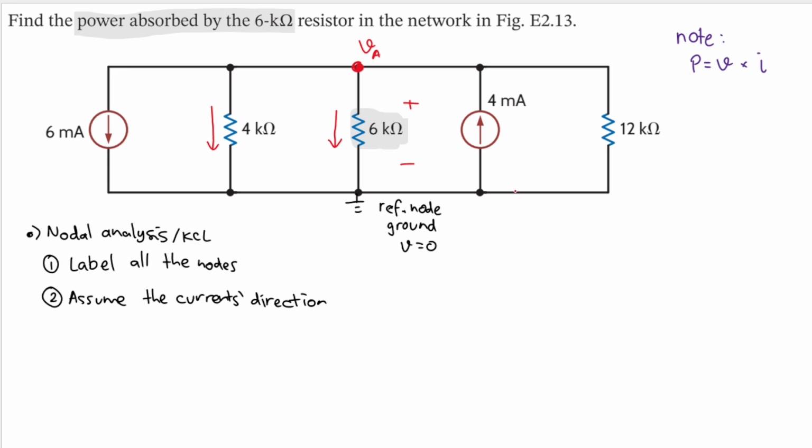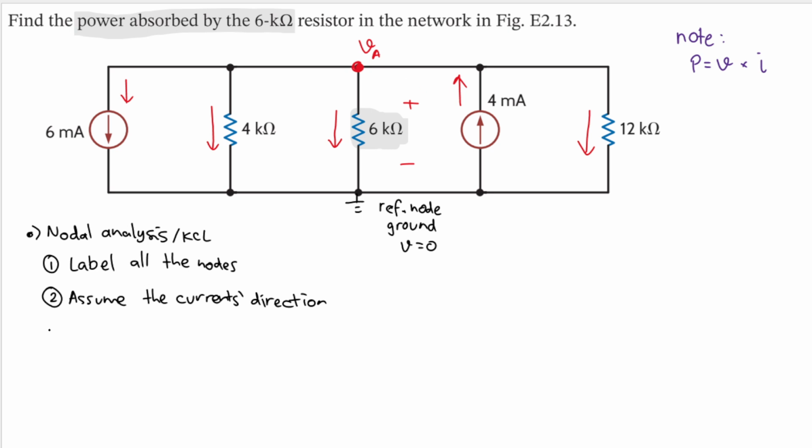It also goes down, and here I also assume it goes down. But you can also assume it going up; it will be the same result. But for the branch with the current source, I just follow the arrow of the current source. So let's go down there and let's go up there. Good. And now what can we do next?